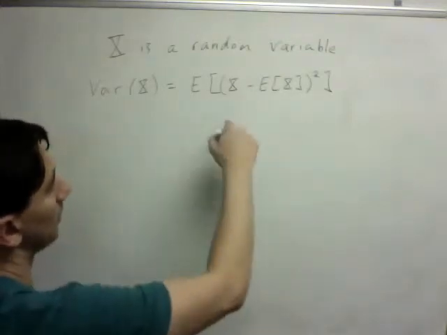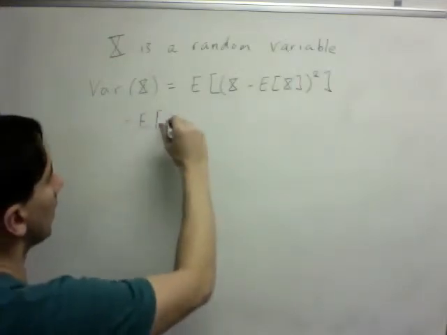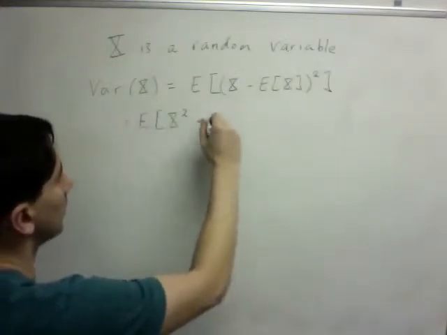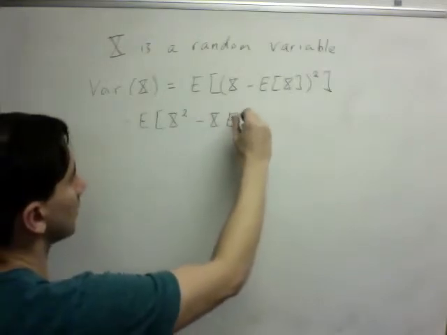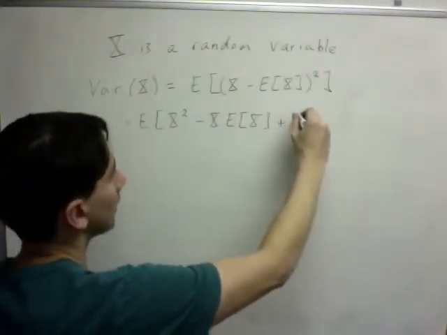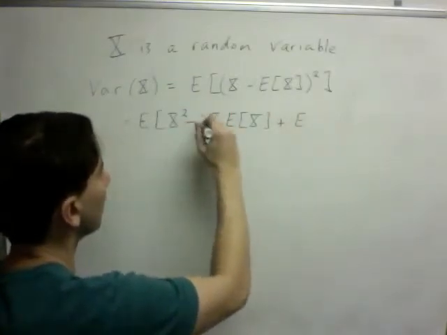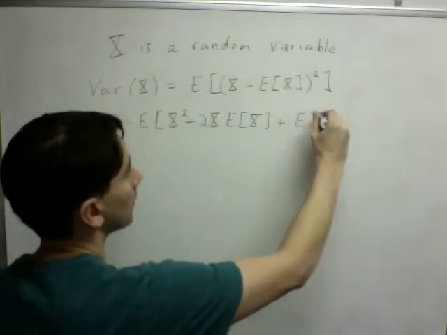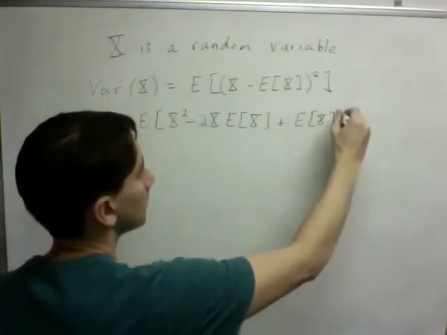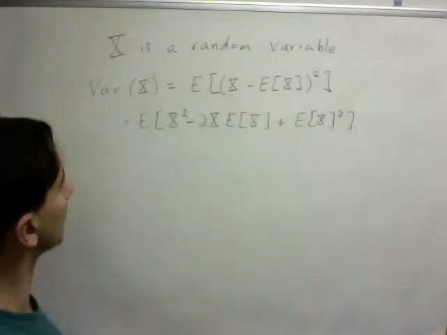So let's square this thing out and see what happens. This is the expected value of x squared minus 2 times x times the expected value of x, I forgot the 2, plus e of x squared. Okay, so all we did was just FOIL that, if you like.